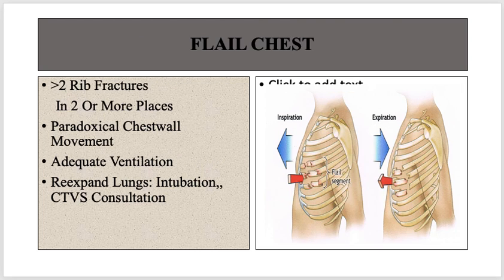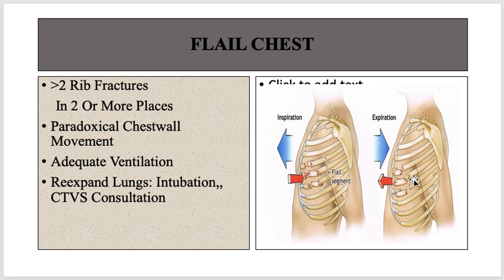Then comes the flail chest. Flail chest is when someone's rib is fractured at 2 points. When the same rib is fractured at 2 points, it becomes a free floating segment, and it shows paradoxical movement. For example, when the patient is inspiring, the lungs are expanding, so all the chest is going out, but this segment will go in.